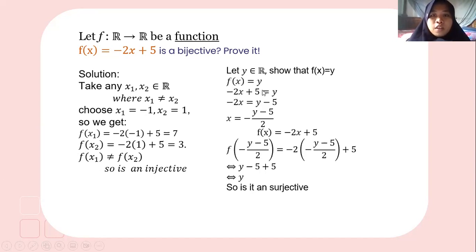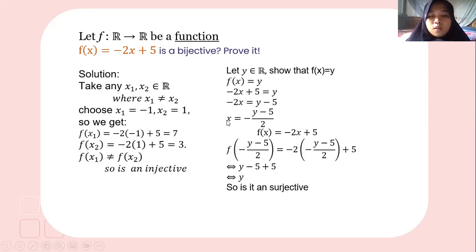Let's see for the surjective. To prove surjective, let y element R so that f(x) equals y. So substitute: negative 2x plus 5 equals y. The plus 5 we move to the right side. So we get negative 2x equals y minus 5, and then negative 2 we move to the right side too. So we get x equals negative (y minus 5) over 2.